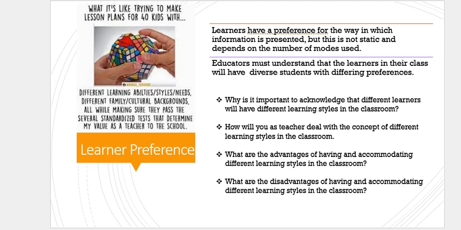Now, all of those are because you have a preferred learning style. But what I want to really point out is that a learning style and preference are not static.